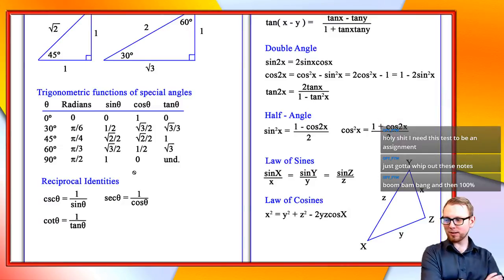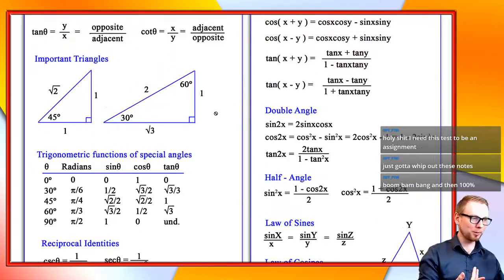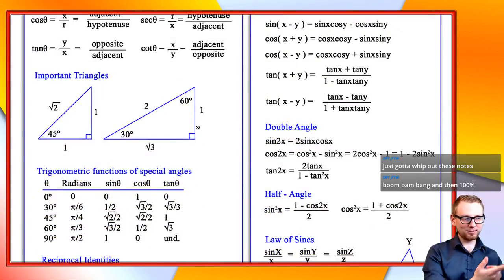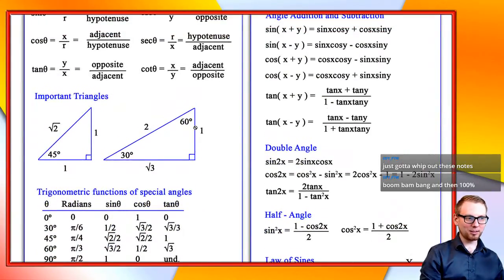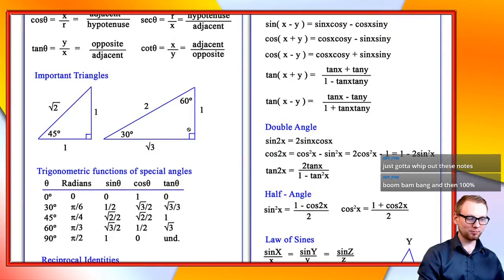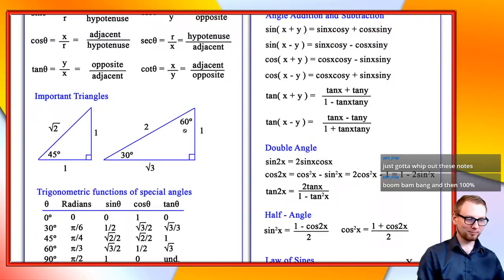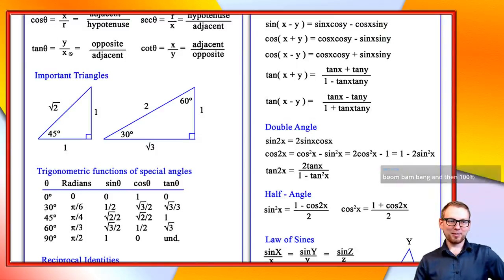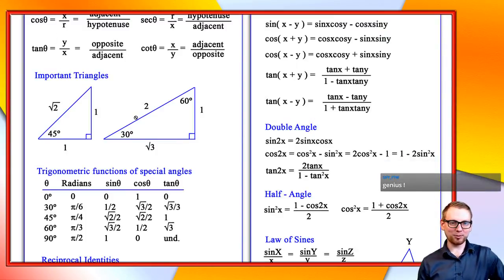The two triangles above it with all the trigonometric ratios tell you exactly how to get these. Sine of 45 degrees. Sine is opposite over hypotenuse. So 1 over root 2. See what I mean? Boom, bang, done. The whole reason I made reference sheets is for people to actually have a reference.